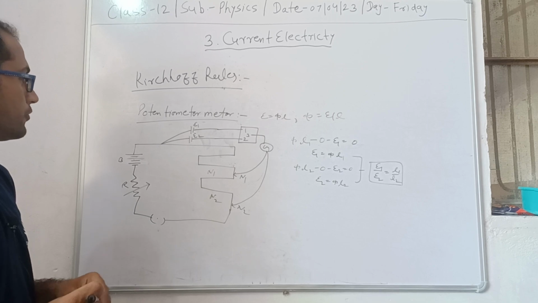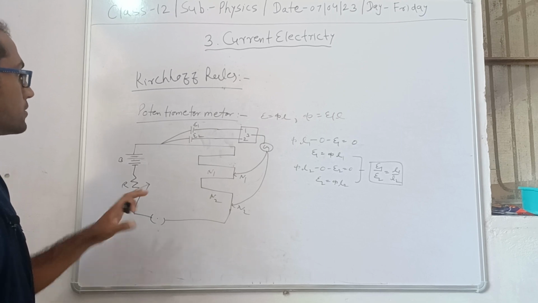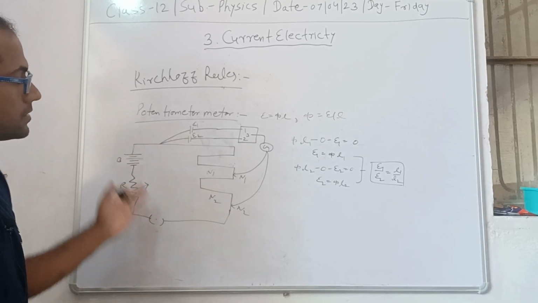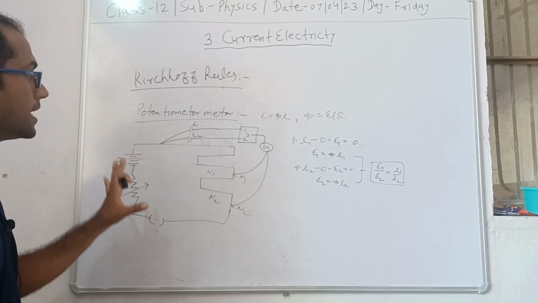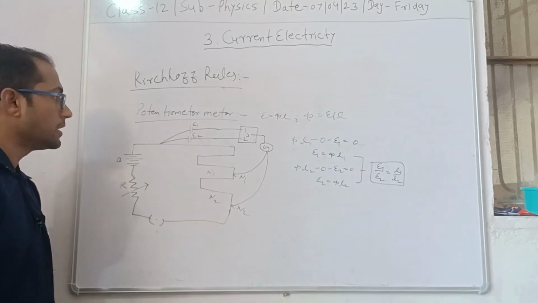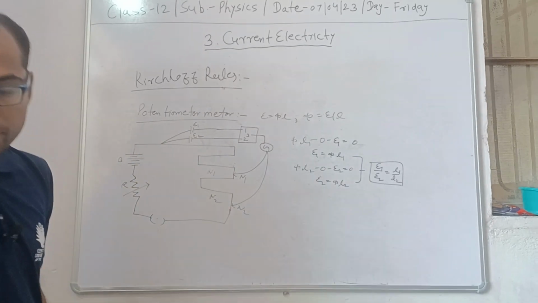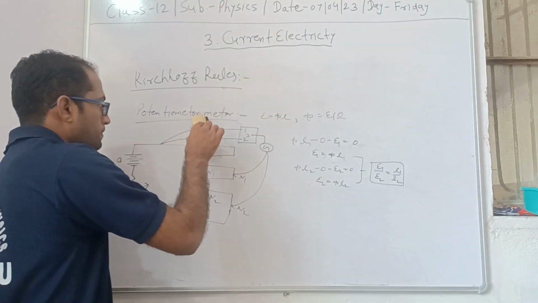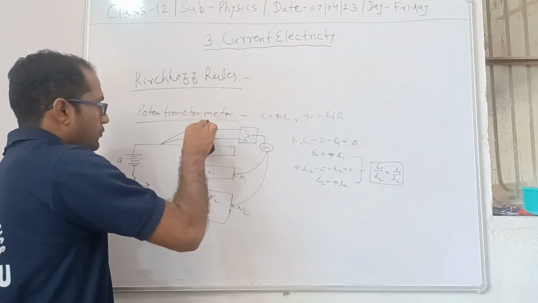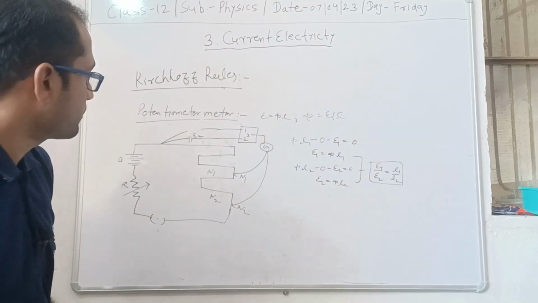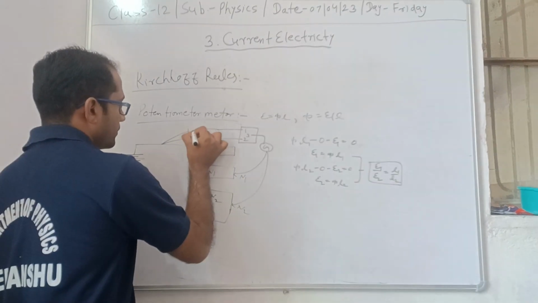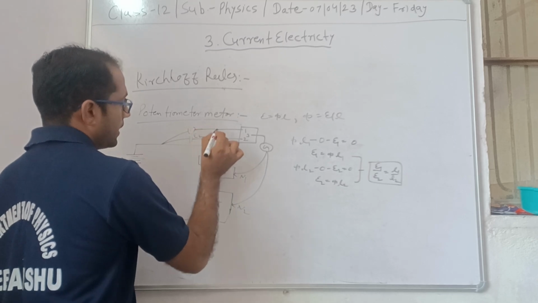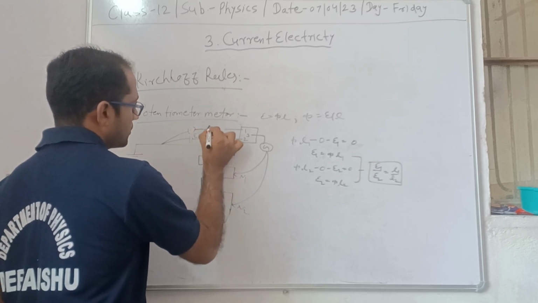If we make some change in this instrument, we change only two things. First, we remove the cell and switch from here and put a resistance box here.